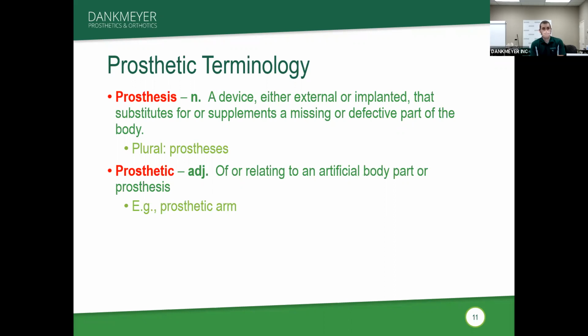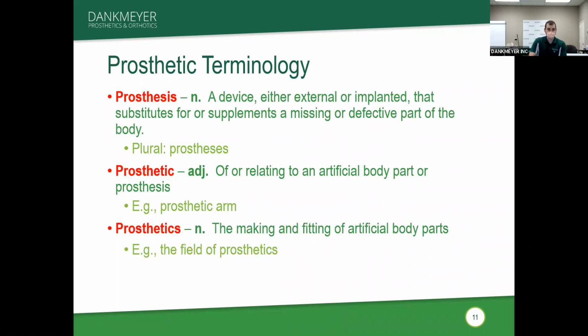Prosthetic is of or relating to an artificial body part or prosthesis. Prosthetics is the field of study and of making artificial limbs. And a prosthetist is a specialist, the professional in that field that makes and fits the limbs.